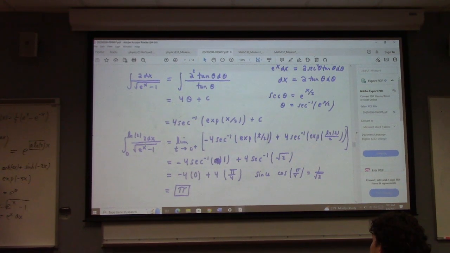All right, so then du would be 1 over 2 square root of e to the x minus 1 times e to the x dx. And then 2du over e to the x is equal to dx over the square root of e to the x minus 1, and u squared is equal to e to the x minus 1.